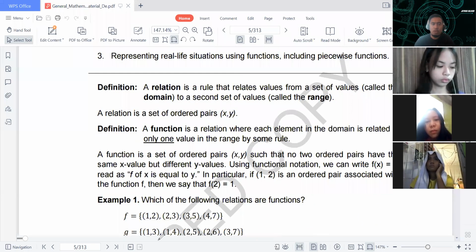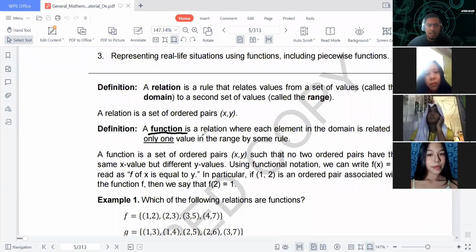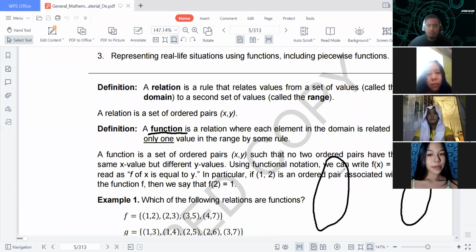So now, let's proceed to the function. What is the difference between a function and a relation? Actually, a function is a relation. It is a relation in which each element of your domain, meaning every element in your domain, for example A, B, C, should be assigned to at least one element of your codomain.